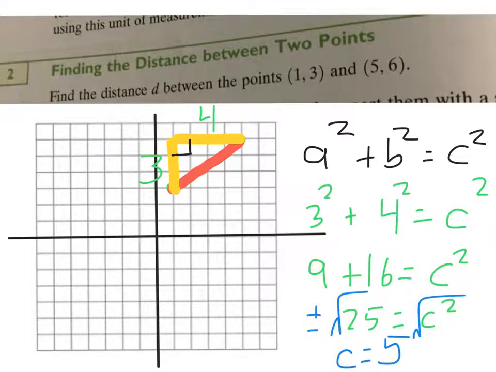It could be positive or negative. Now, in this particular case, we are dealing with distance, and distance is always positive. So we can eliminate the negative option and say that c is 5. But in general, in this course, when you create a square root, you cannot assume that it's the positive. You have to take both into account.